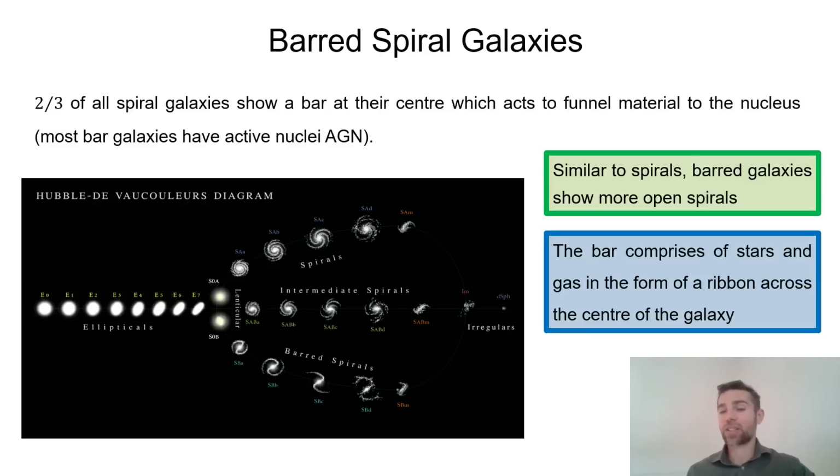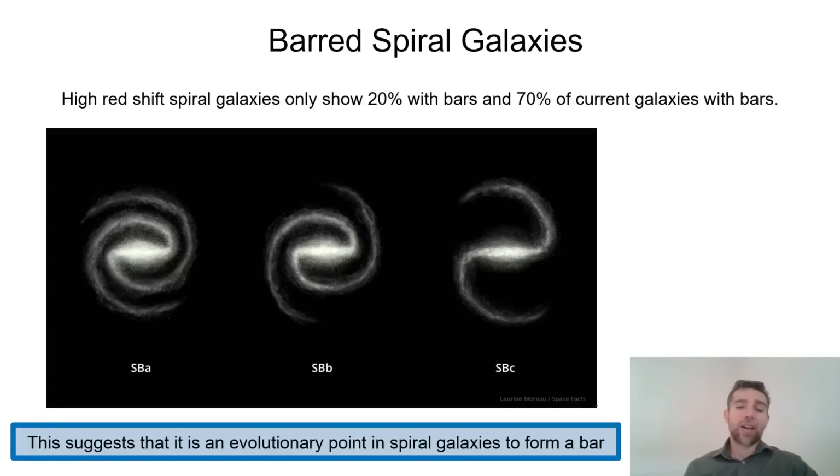And why do I say it's a transition? Well, we believe that barred spiral galaxies are somewhat of an evolutionary point of most spiral galaxies. So if we look at high redshift galaxies, that's galaxies that are much further away, and that would be galaxies which are in the earlier part of the universe, because actually when you look at long distances in the universe, that corresponds to time.